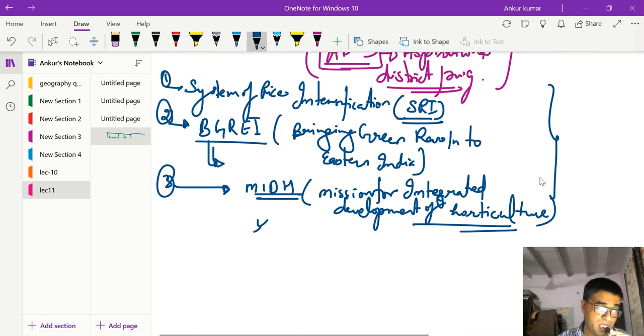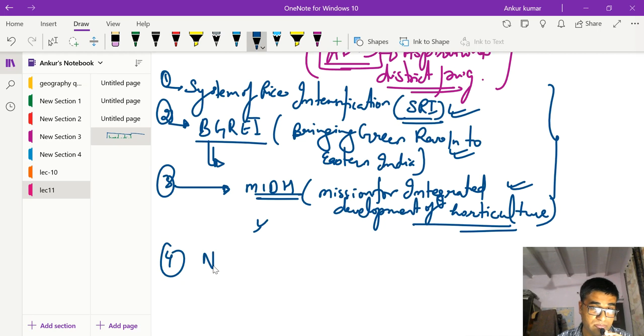Things that the government can adopt in these regions include the system of rice intensification for rice cultivation, bringing the green revolution to eastern India, aggressively implementing the mission for integrated development of horticulture, and the national livestock mission.